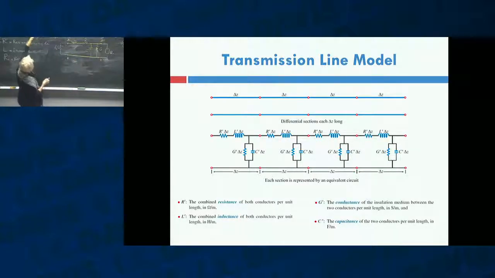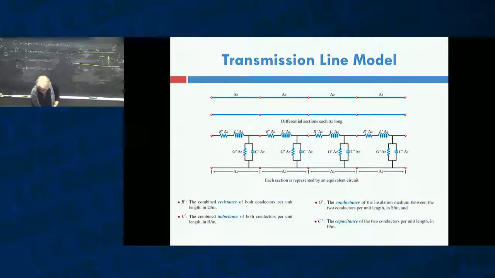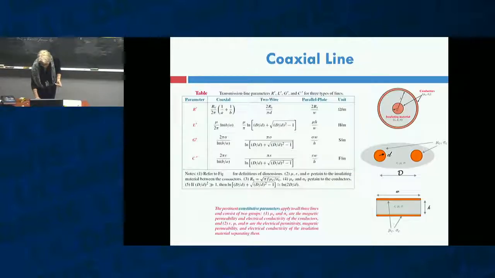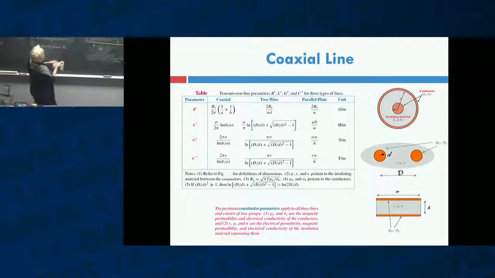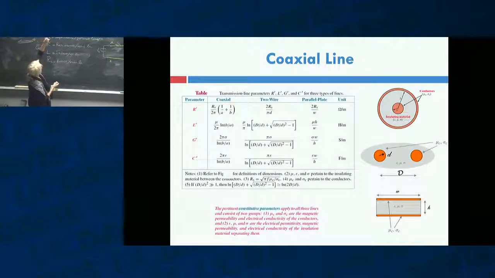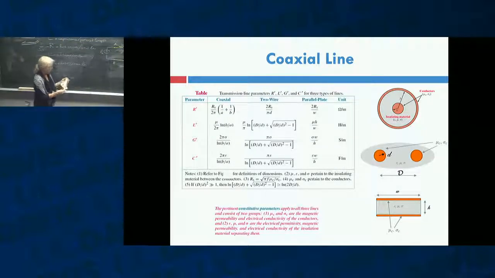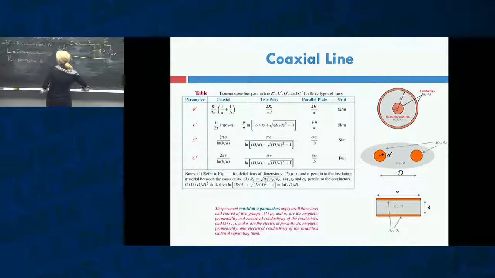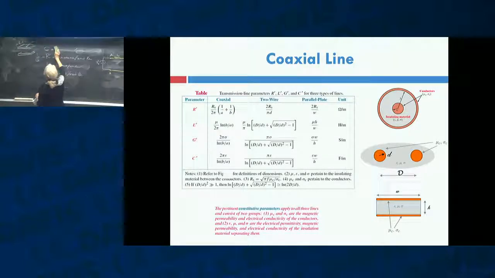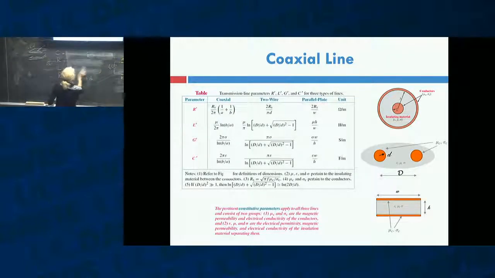So in this case, you have that circuit, and the values for this are given. In fact, you can have them available. So let's look at the parallel plate waveguide, which we did for this class, and try to write the values of these circuit elements the way we found them when we did the analysis.